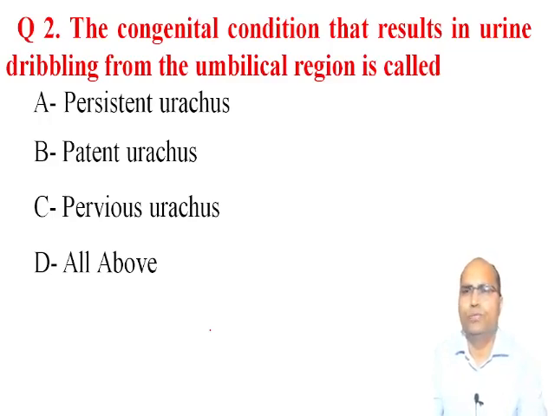Question number 2. The congenital condition that results in urine dribbling from the umbilical region is called A. Persistent urachus, B. Patent urachus, C. Pervious urachus, D. All above.